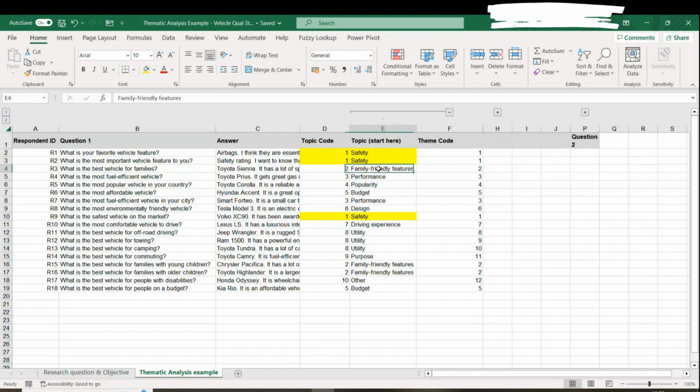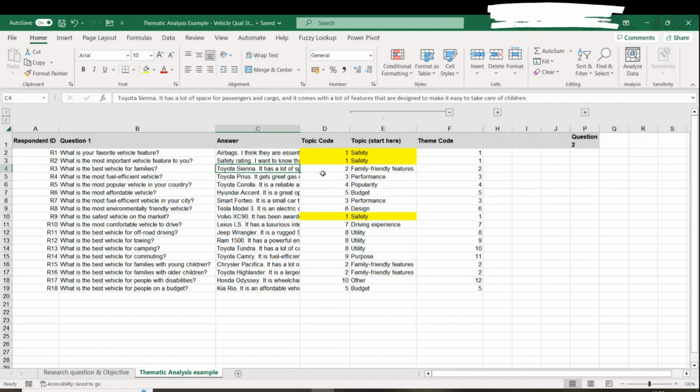Now in terms of topic number 2, we asked the respondent, what is the best vehicle for families? This respondent said the Toyota Sienna, and then continued to say it has a lot of space for passengers and cargo, and it comes with a lot of features designed to make it easy to take care of children.